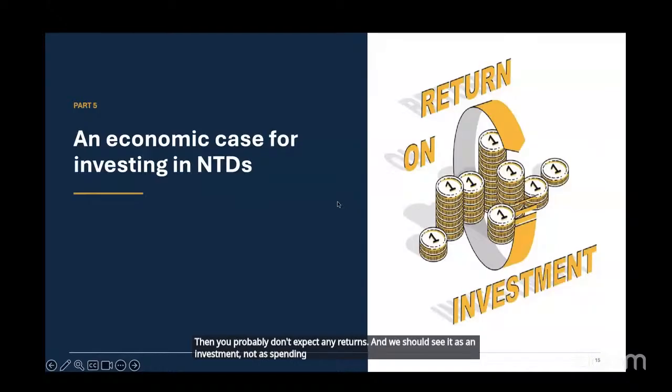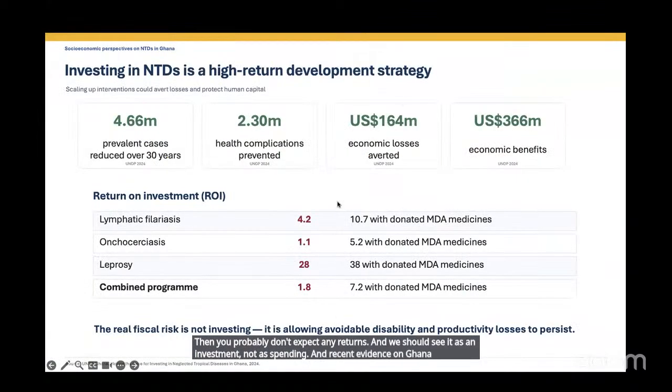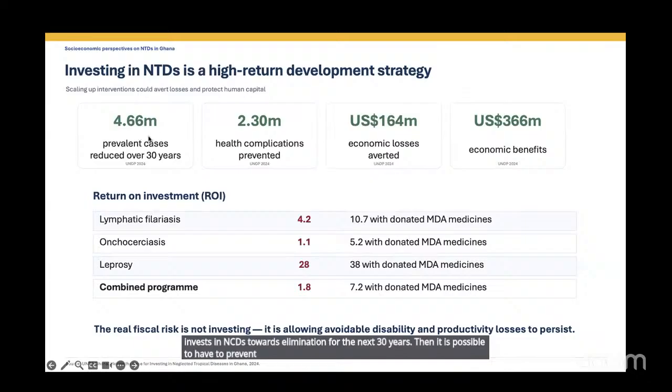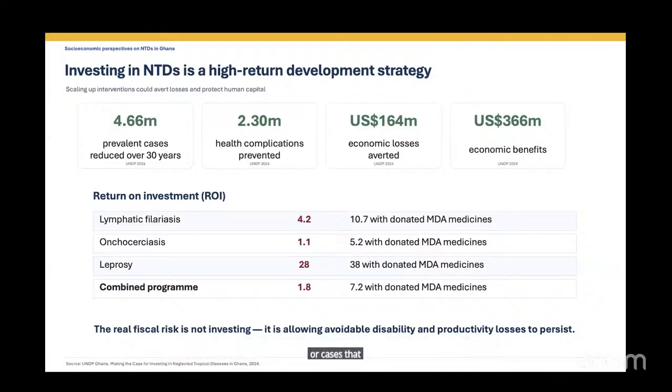And recent evidence on Ghana actually provides compelling data to convince stakeholders to increase spending on NTDs. So, for example, the evidence suggests that if governments invest in NTDs towards elimination for the next 30 years, then it is possible to prevent almost 4.6 million new cases, or cases that would have occurred in that 30 years.